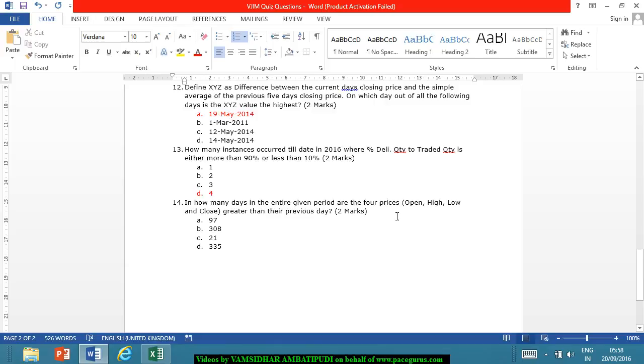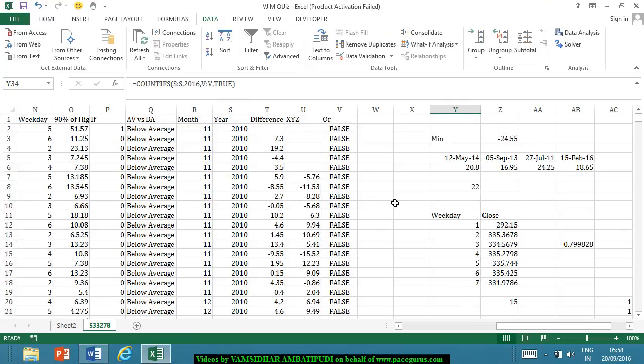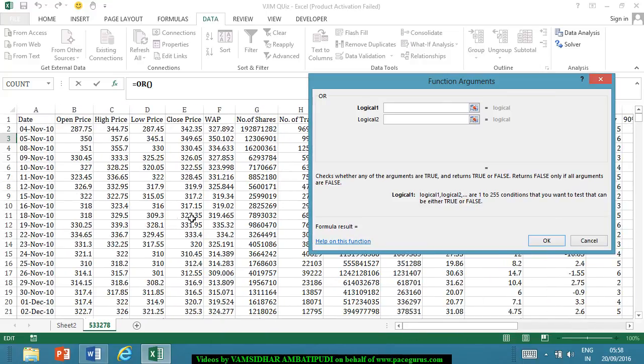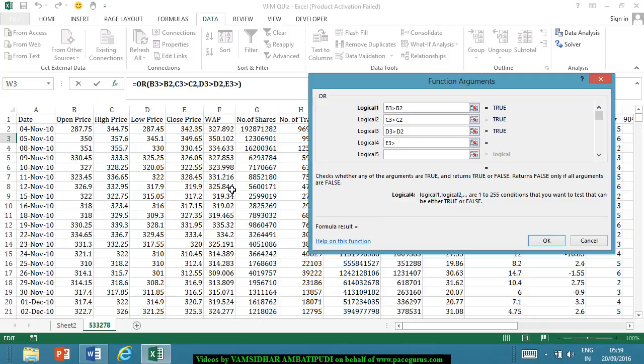And in how many days in the entire given period are the 4 prices open, high, low and close greater than the previous day? So again I can use the OR. So I want all the 4 prices, so this value greater than this value, then this value greater than this value, going with this value greater than this value.